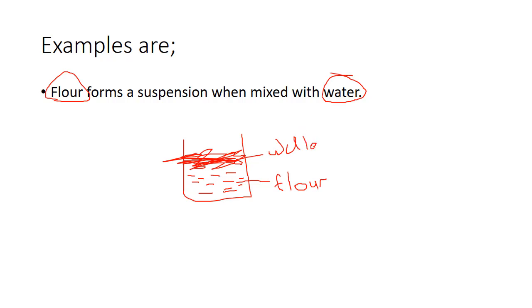When you have two separate layers in a mixture, just know that it is not a solution, but a suspension. Another good example is when you take the same flour and mix it with cooking oil. You will be able to see the flour particles. They will not form a solution. No, there will be no solution.